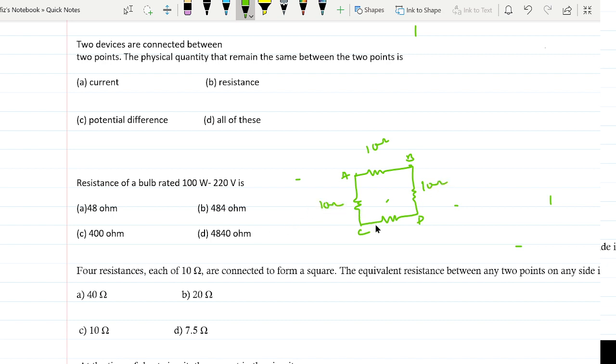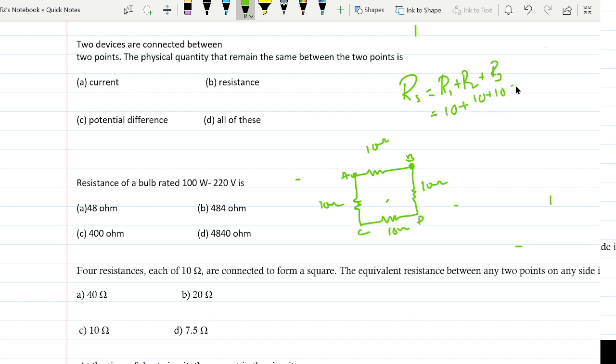Then the equivalent resistance between 2 points. Let us find the resistance between A and B. So now you could see, 1, 2, 3, all these 3 are in series because they are connected end to end. So series Rs is equal to R1 plus R2 plus R3, that is each of 10 ohm.